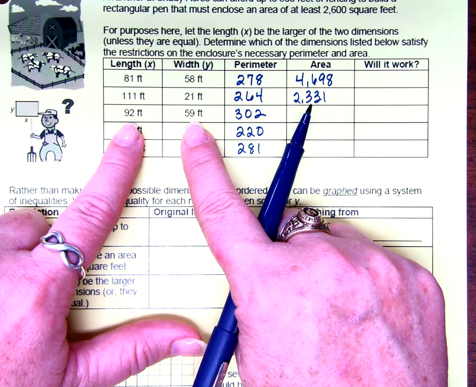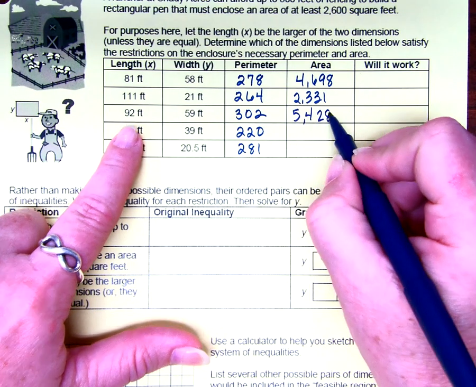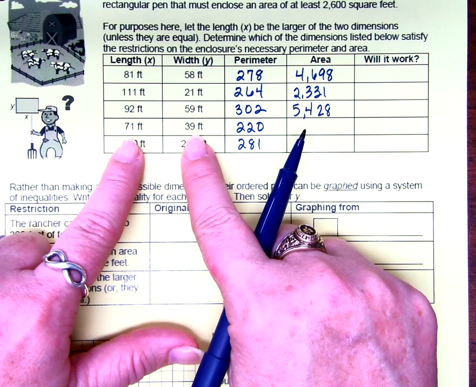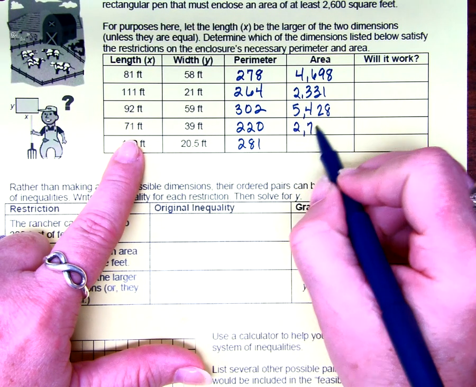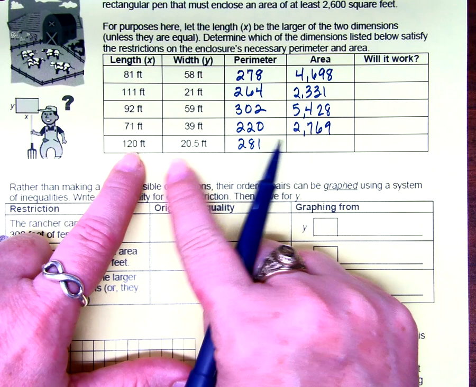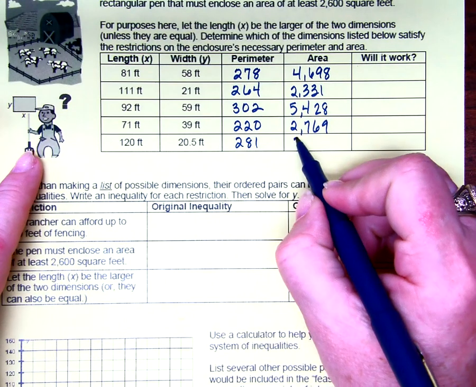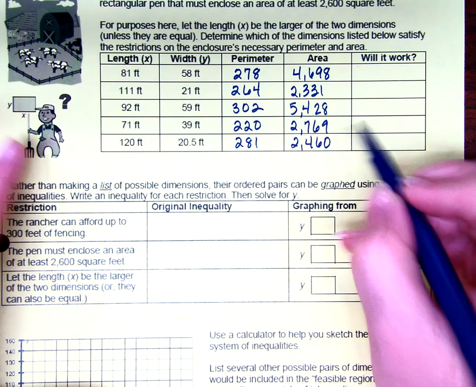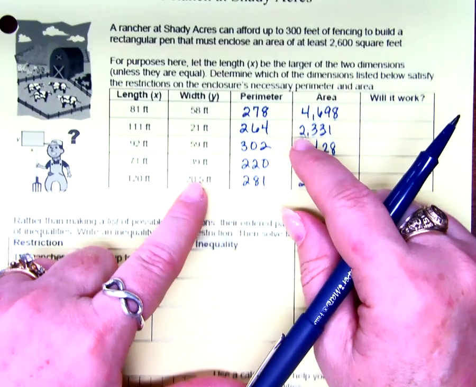Sorry. 5,428. Okay. What about 71 times 39? 2,769. And then 120 times 20.5. Excellent. Okay. Now, what are the requirements again?